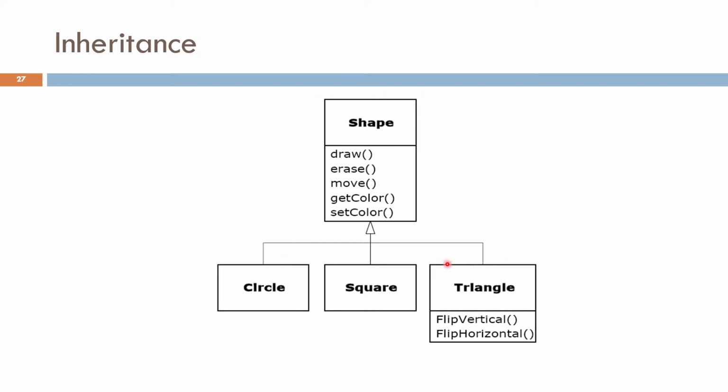However, because these inherited classes are also unique in nature, it is possible for them to have their own individual functions. So whereas triangle here still has access to all these shape functions, flip horizontal and flip vertical here only belong to the triangle class.